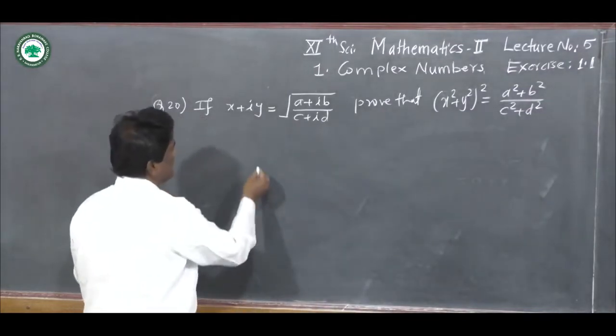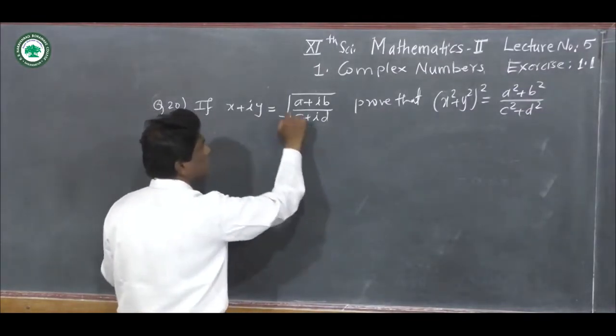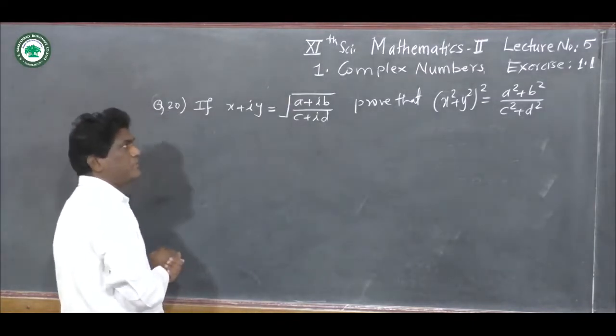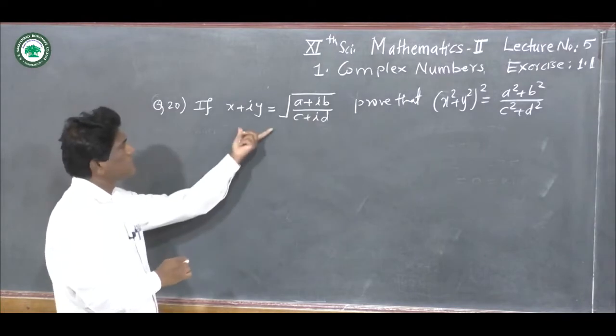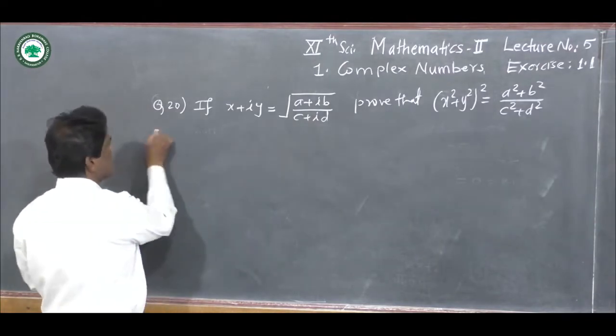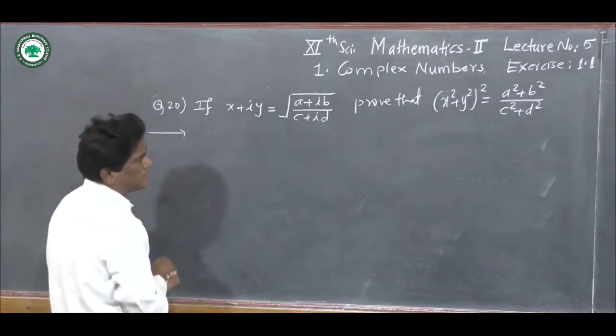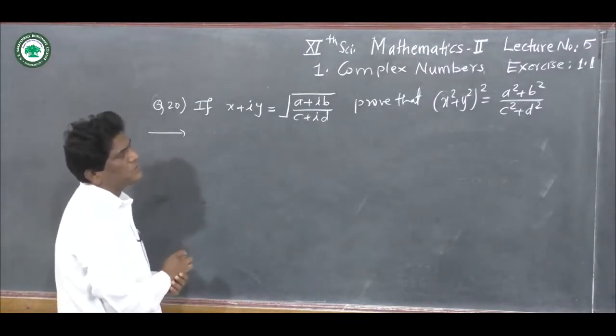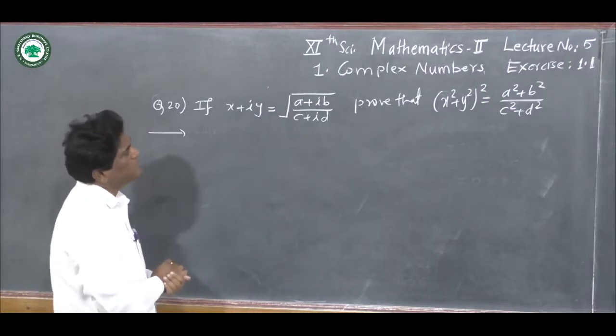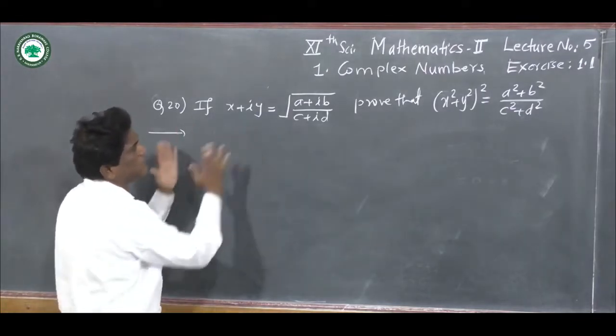Now what is given here? x + iy is equal to the square root of (a + ib) divided by (c + id). That we have to prove the equation (x square + y square) whole square is equal to the right hand side. So this is the given part.